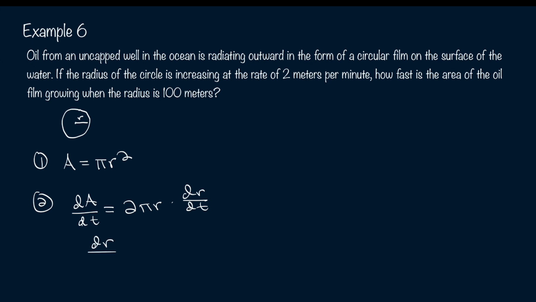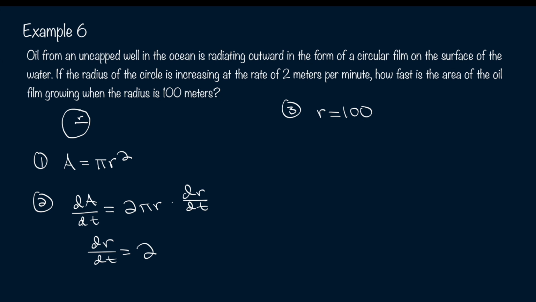Now we have dr/dt equal to 2 because we know that the radius of the circle is increasing at a rate of 2 meters per minute. Now, for number 3, we know that r is going to equal 100.